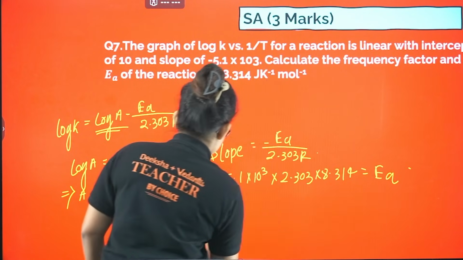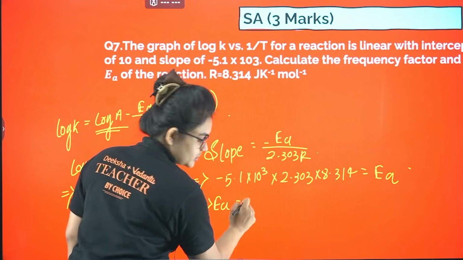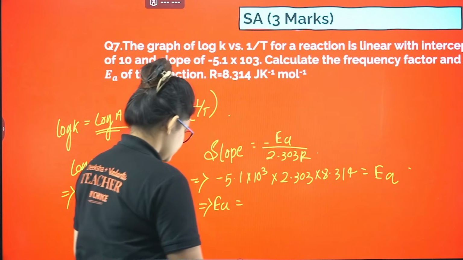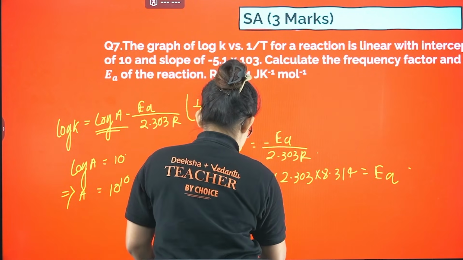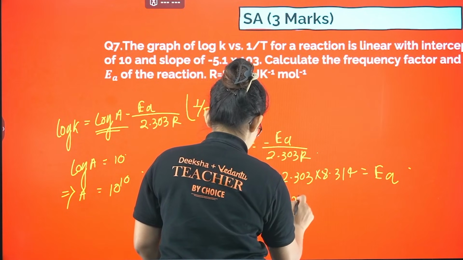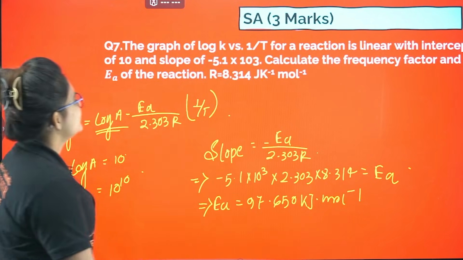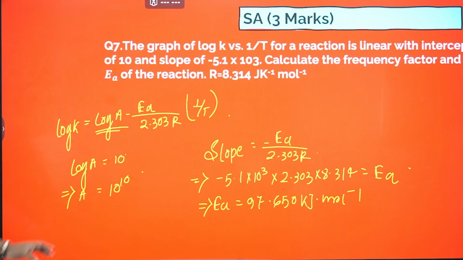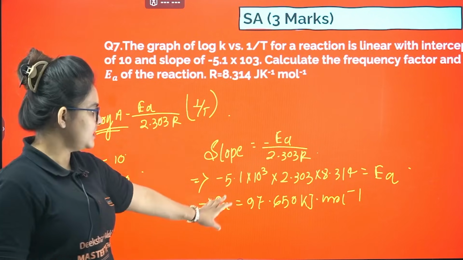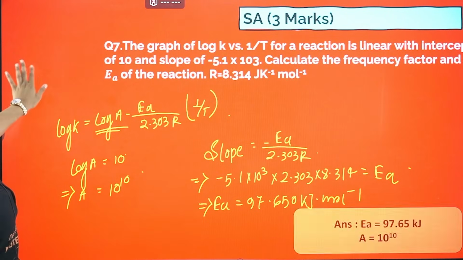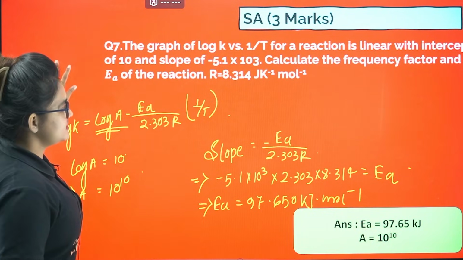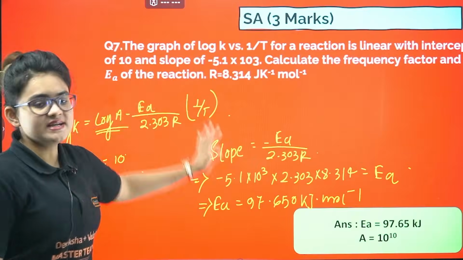So EA, your activation energy, is going to be how much? It's going to be 97.650 kilojoule per mole. Okay, I guess it's clear to you. Yeah, let's proceed further. This is your frequency factor, this is your activation energy. Okay, let's proceed.